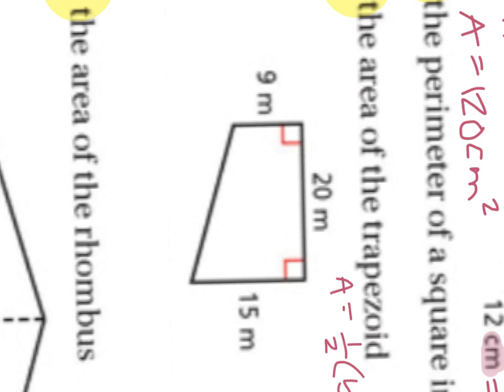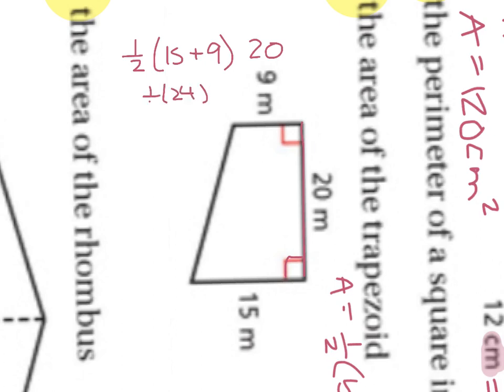So we have 1/2 times base 1, which we could say is 15, and base 2, which is 9. So we're adding the bases and multiplying it by 1/2. And then we can multiply it by the height, which we have this perpendicular altitude here, which is 20. So we're just going to add 15 plus 9, which is 24.